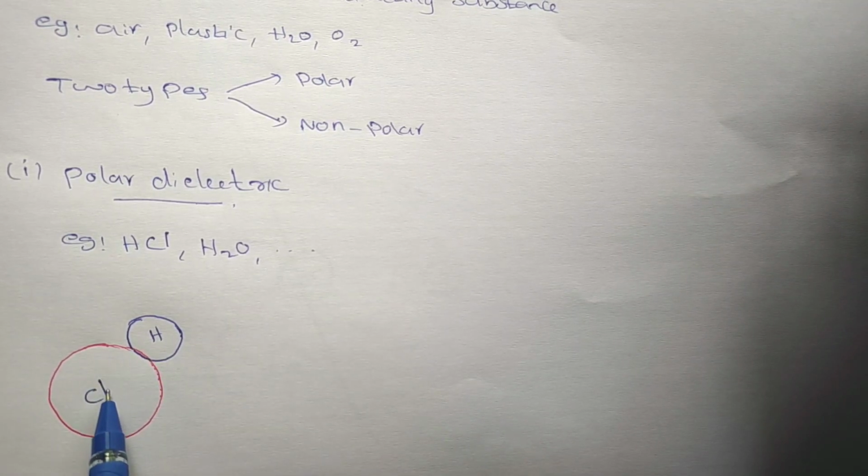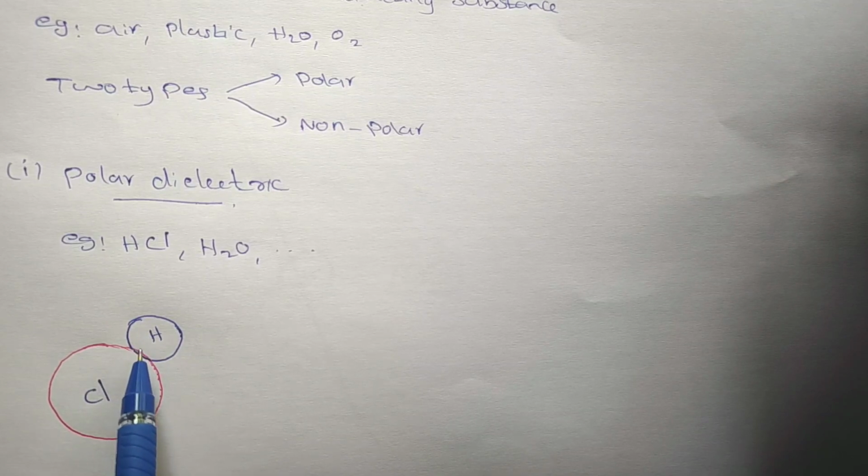That nucleus will attract the hydrogen's 1 electron also. Here the hydrogen has only 1 proton attracting it, but the chlorine has 17 protons, so it will attract more.